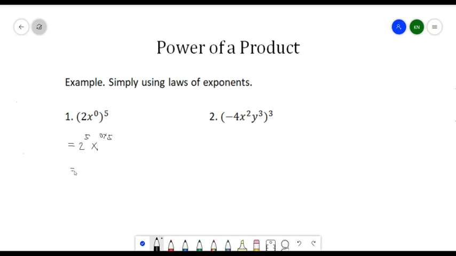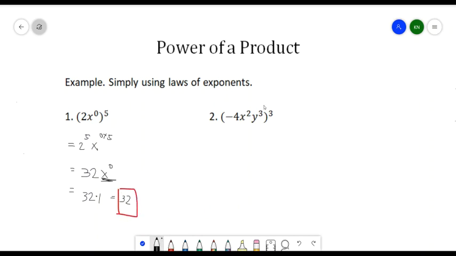Now, 2 raised to 5, as we all know, is equivalent to 32. And then we have x, 0 times 5, that is also equal to 0, right? So meaning to say x raised to 0 is equivalent to 1. So we have 32 times 1. That gives us the answer of 32. So this is now our final answer.